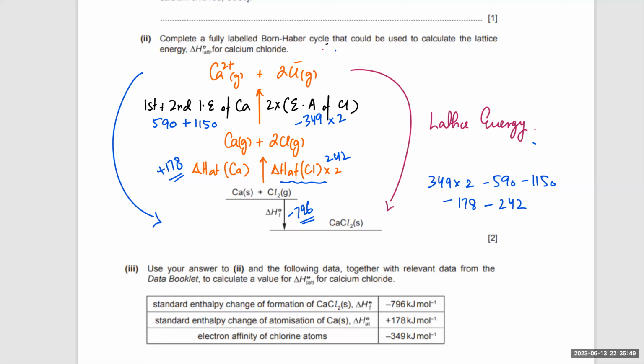And then you've got enthalpy of formation, which is minus 796. So that's your lattice energy. Is this clear? Yep. What's the answer? Minus 2258.